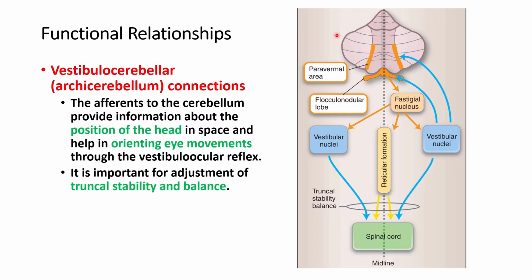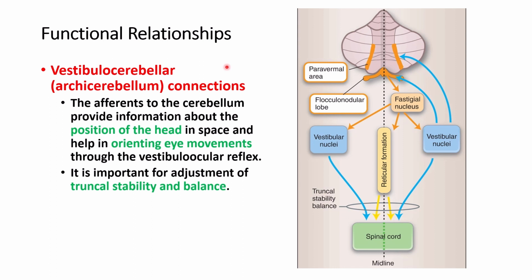There are other connections between the cerebellum and other parts of the central nervous system. One of them is called vestibulocerebellar, or the connection between the vestibulum and cerebellum. That is for the vestibulo-ocular reflex.